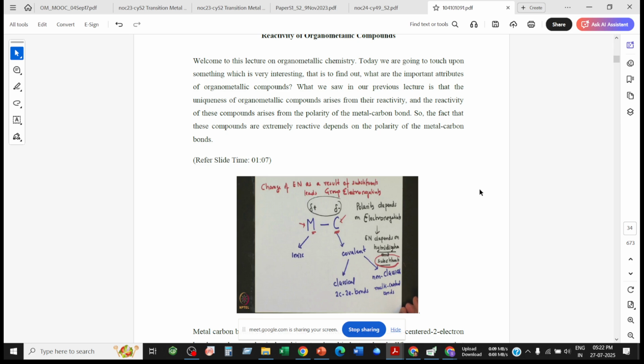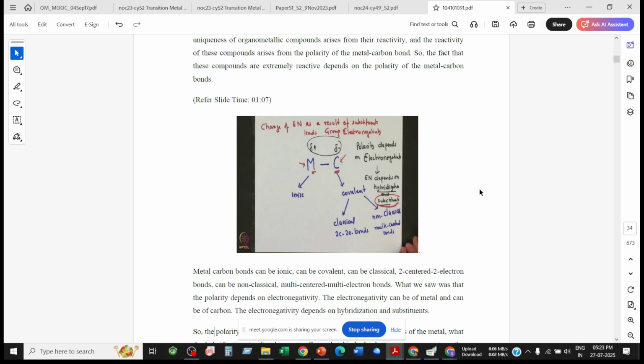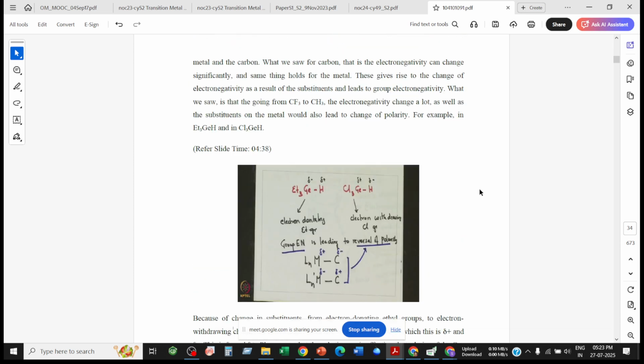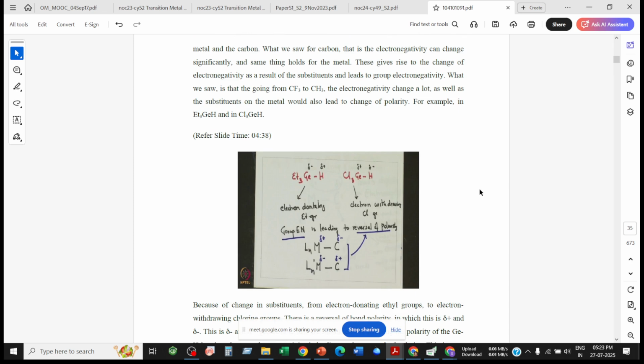Now, we discussed the substituent on the carbon atom. If the substituent is present on the metal center, that also affects things.